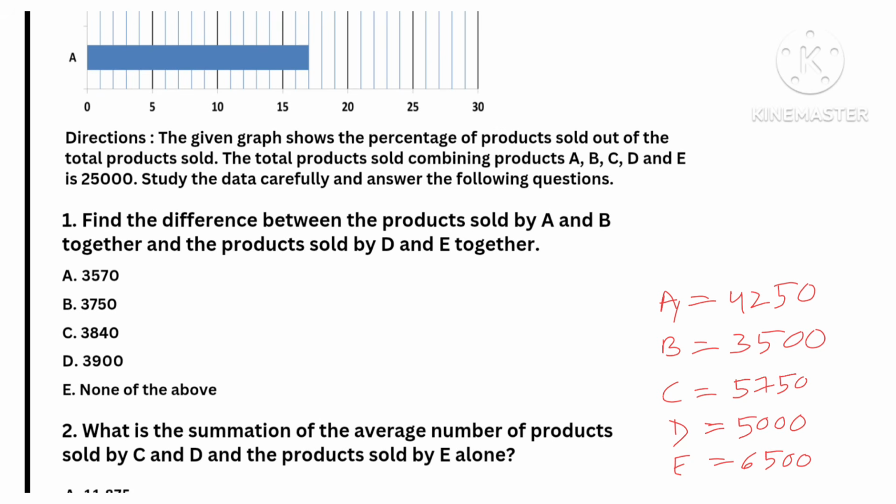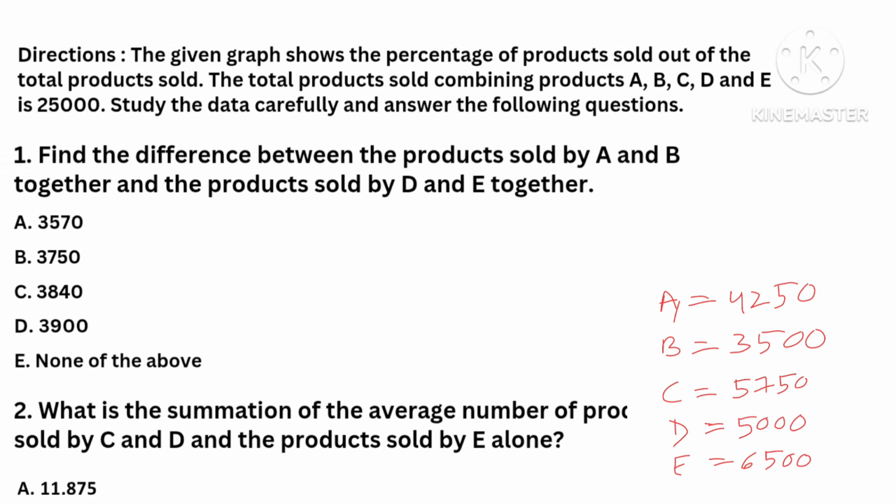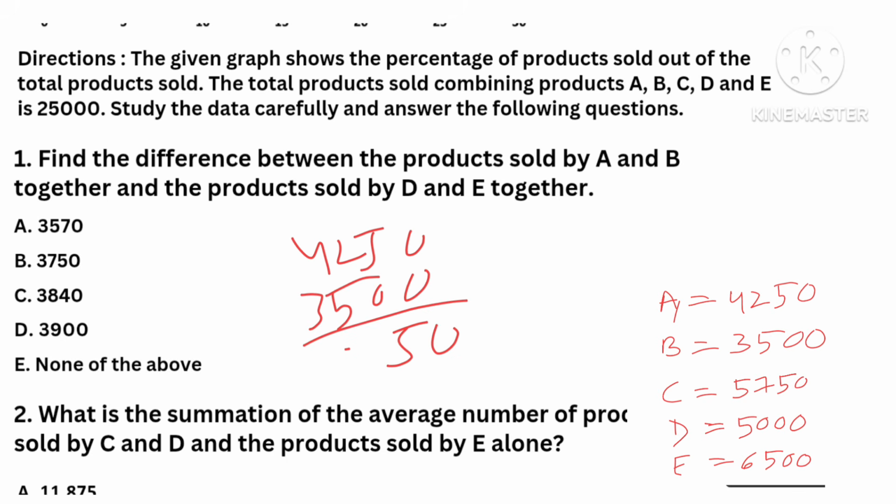Let's see the questions that are asked. The first question says: find the difference between the product sold by A and B together and the product sold by D and E together. A and B together is 4250 plus 3500, which is 7750.